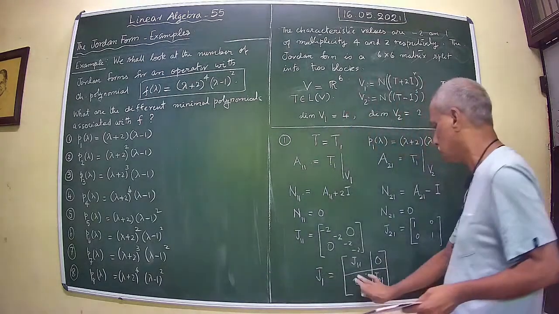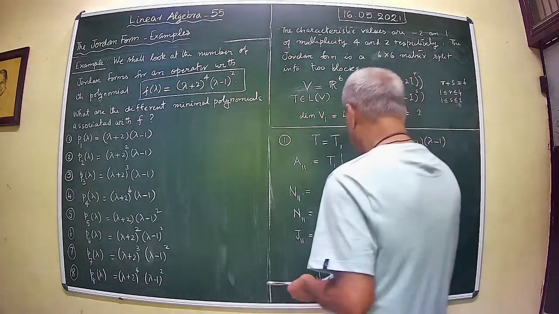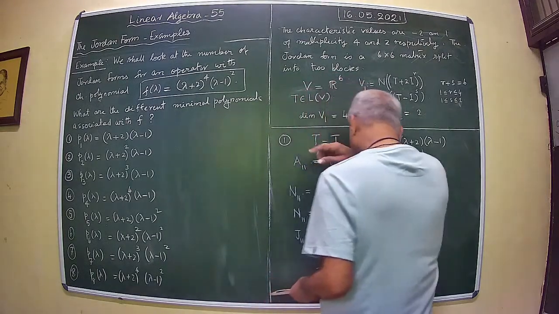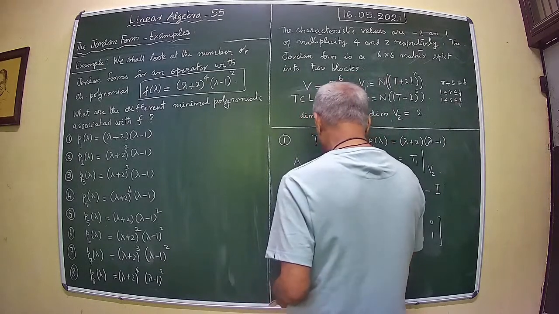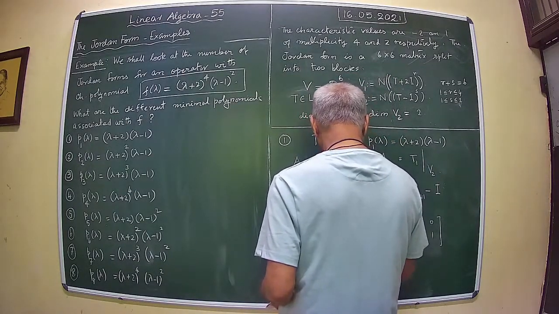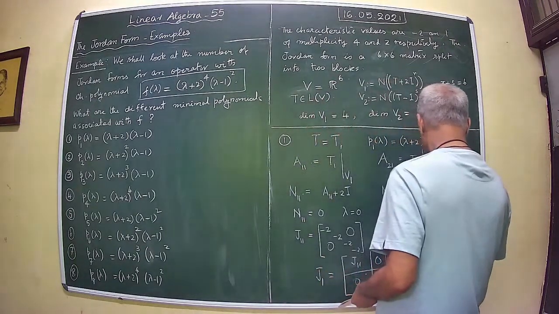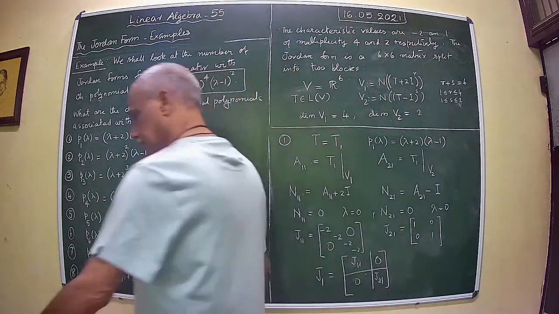This is it. Because you see the polynomial on V1, the polynomial for N1 is lambda to the power, these are the minimal polynomials. That's it.